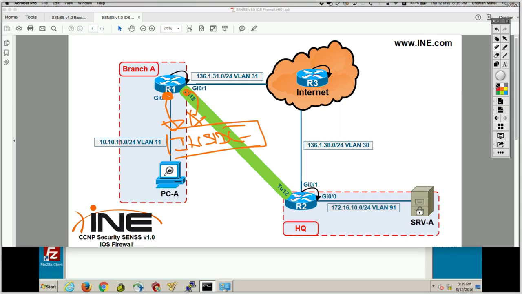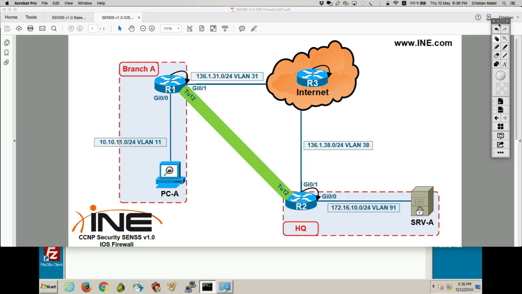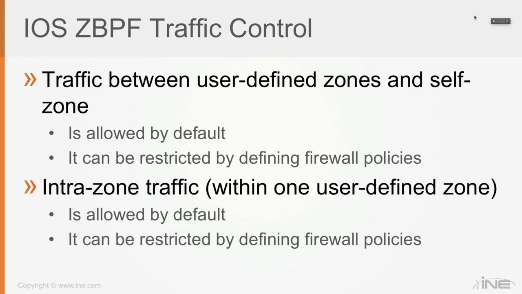It makes sense that by default traffic is allowed to flow both ways without me having to configure anything, because it's the same trust level. But of course, you can restrict that traffic by defining firewall policies.